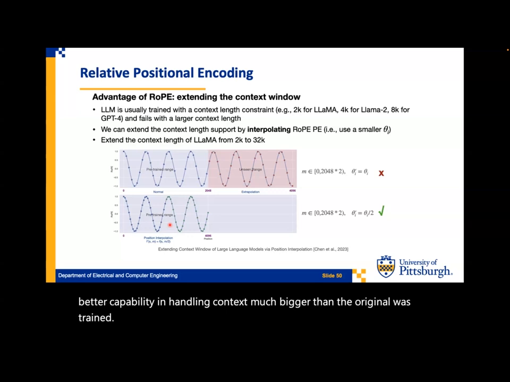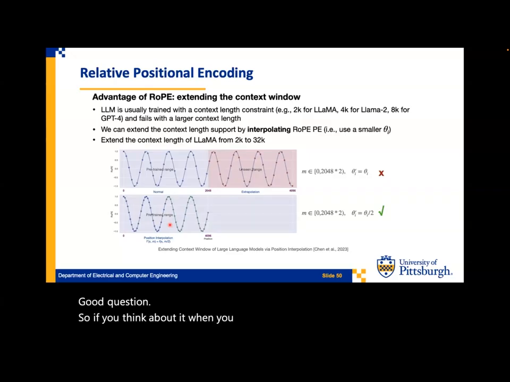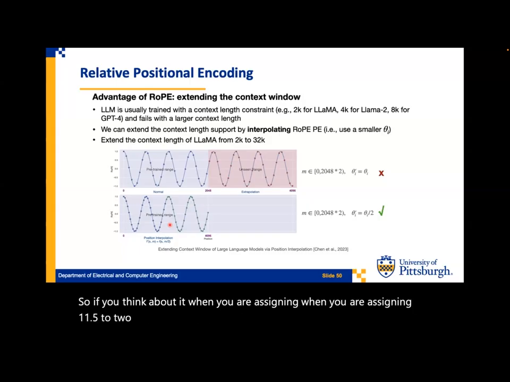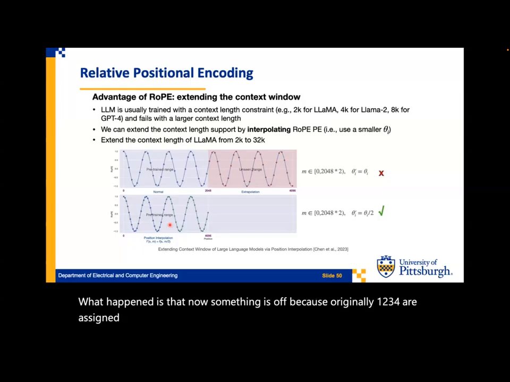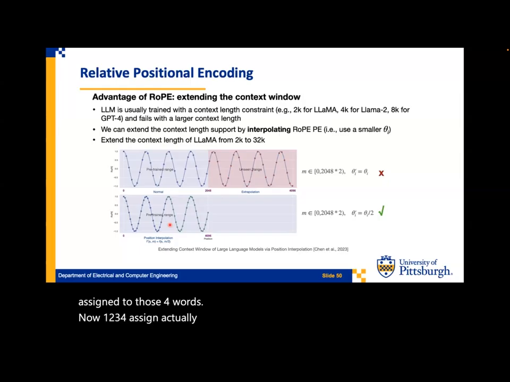So you don't need to retrain the model. Good question. If you think about it, when you assign 1, 1.5, 2, 2.5 to the new tokens, like an 8-word prompt, something is off, because originally 1, 2, 3, 4 were assigned to those 4 words, and now 1, 2, 3, 4 are assigned to a different set of words.